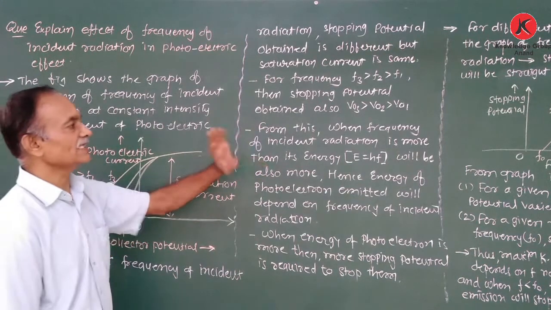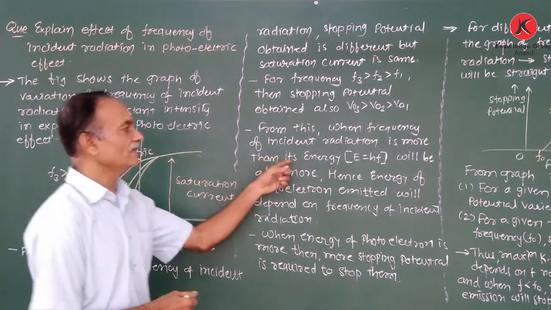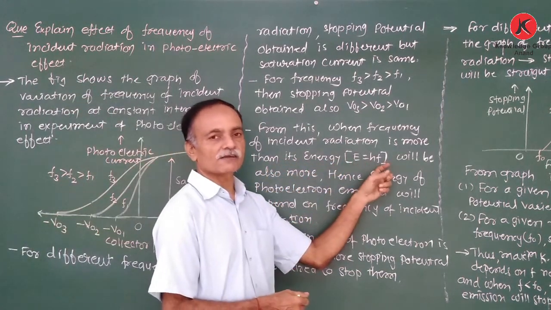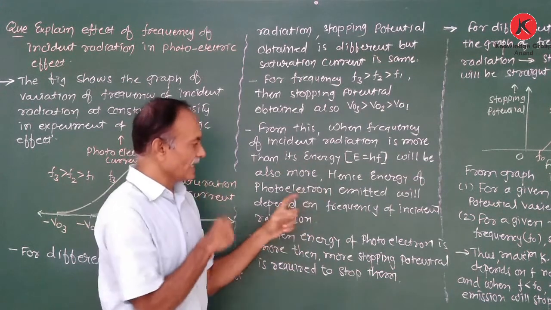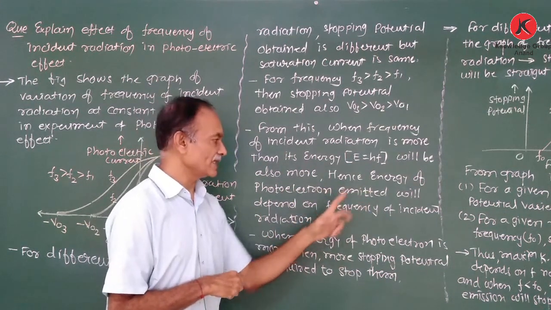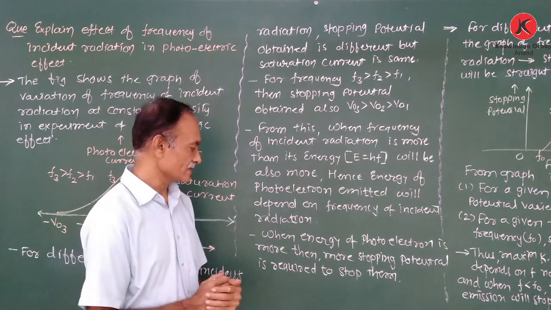From this we can say that when the frequency of incident radiation is more, its energy, E equal to hf, will also be more. Hence, the energy of the photoelectron emitted will depend on the frequency of incident radiation.